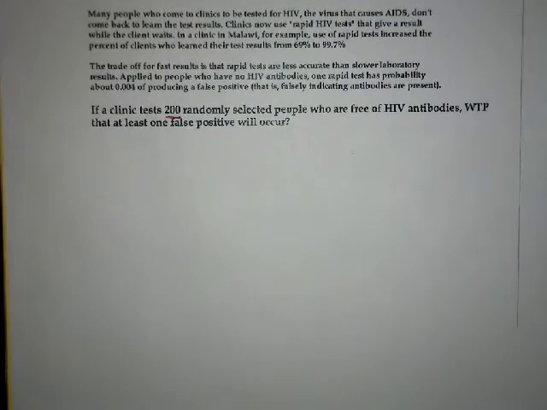So in a clinic in Malawi, the use of rapid tests increased the percent of clients who learned their test results from 69% to 99.7%. The trade-off for fast results is that rapid tests are less accurate than slower laboratory results.